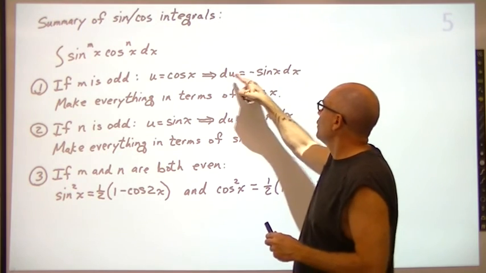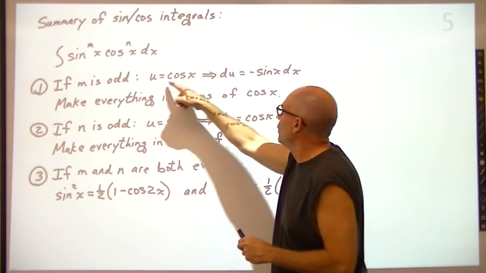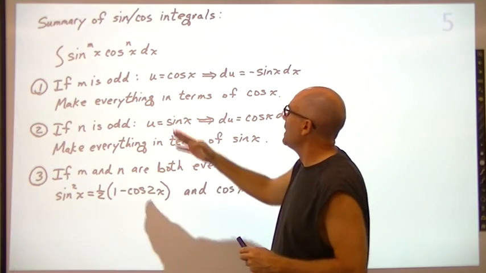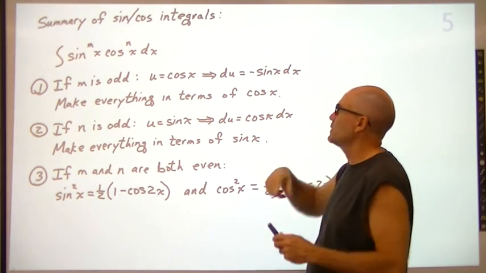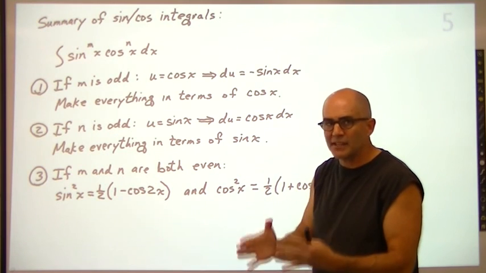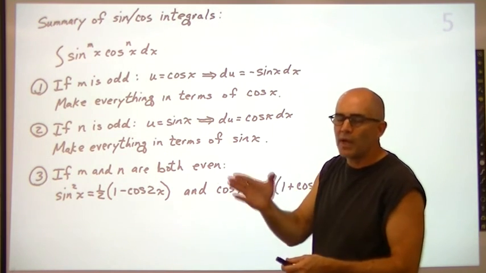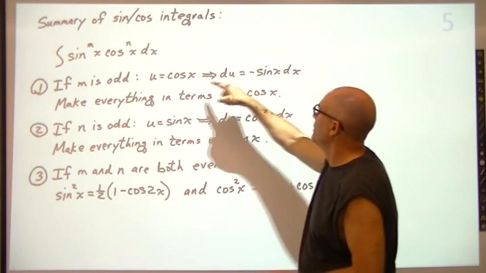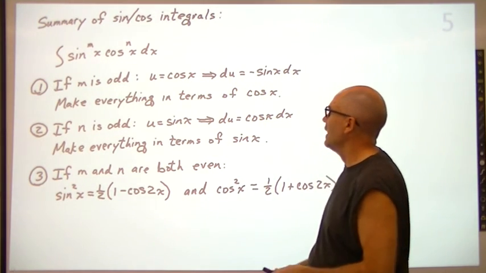Well, if I want du to be sine x dx, then I make u cosine x. So then, if u is cosine x, I make everything in terms of cosine x, which means all the sine squared x's become 1 minus cosine squared. And then I can do my u substitution because u is all the cosine x's, and everything is happy.